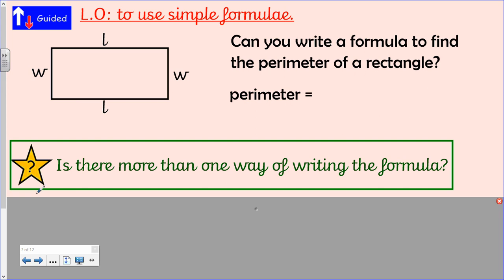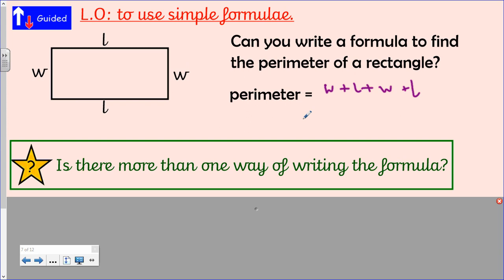And then your little challenge is there more than one way of writing that formula, okay? So perimeter equals, we've got W, L, W, L. So we could write W, add L, add W, add L. That would be one way of writing it.